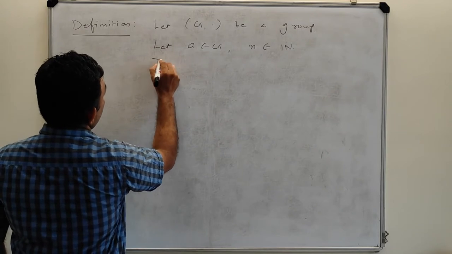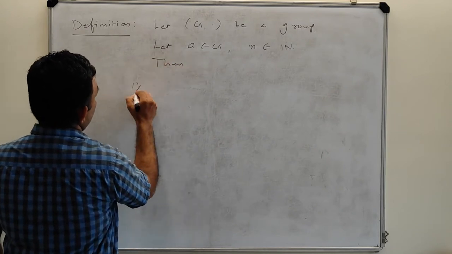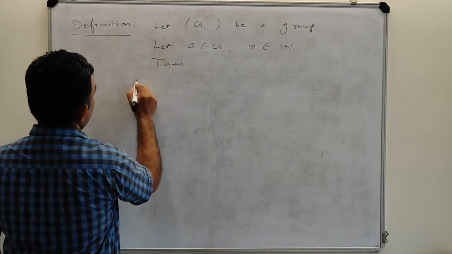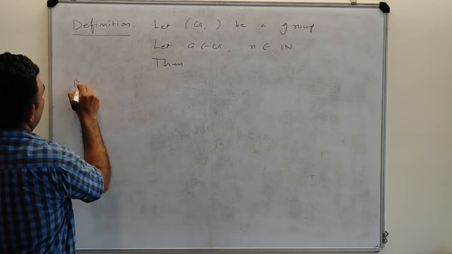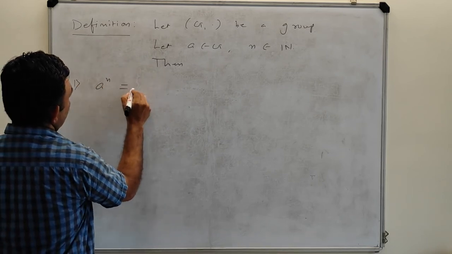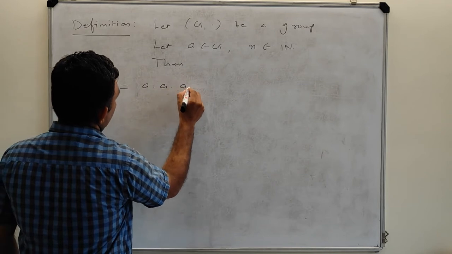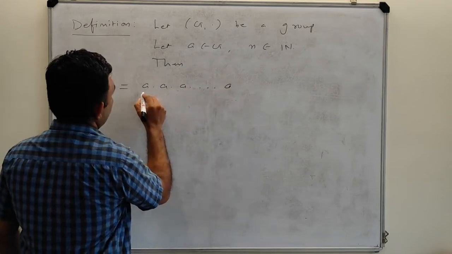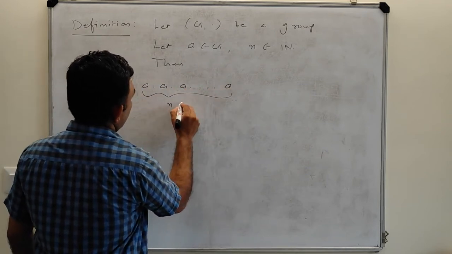Then, first thing, a raised to n is what? a · a · a and so on, n copies of a.